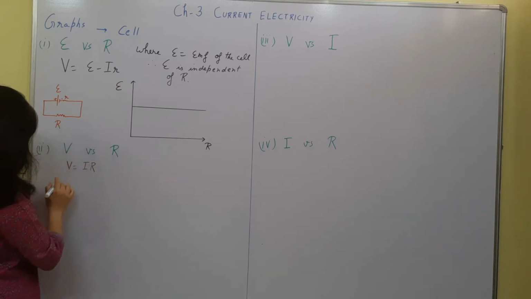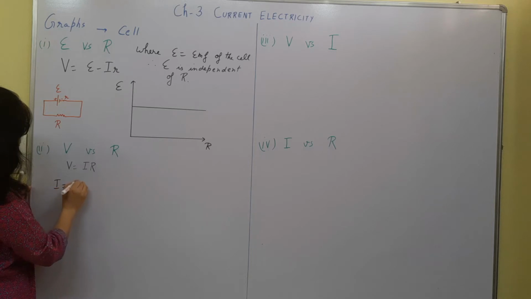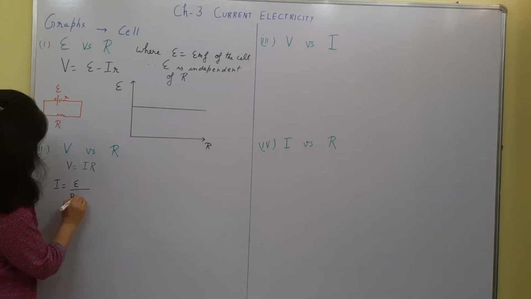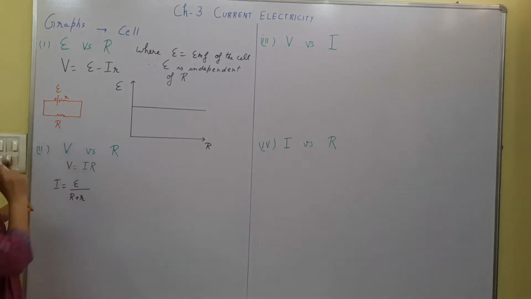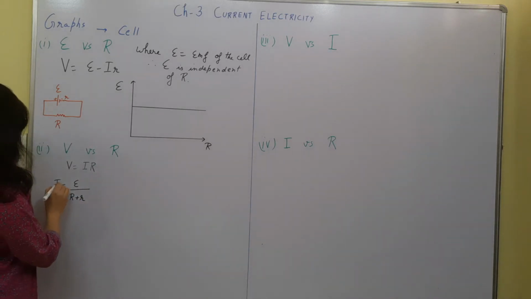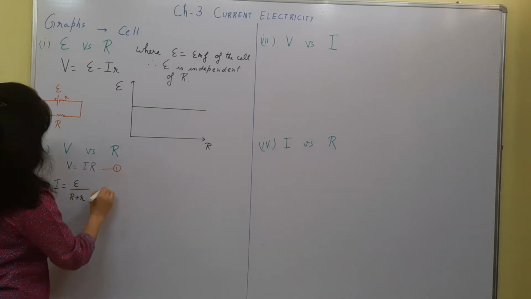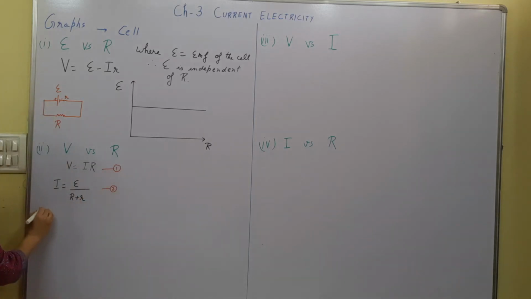The formula for current is total EMF upon total resistance, that is the external plus internal. So if I write this value in this equation, what will I get?